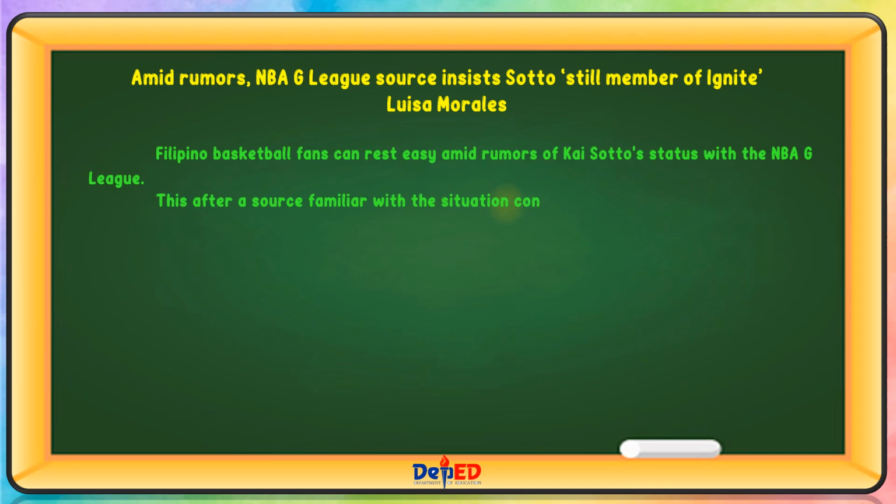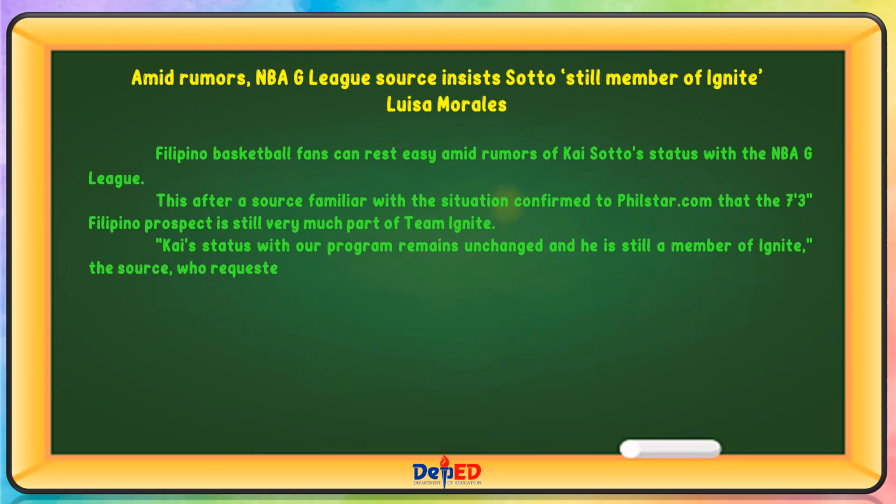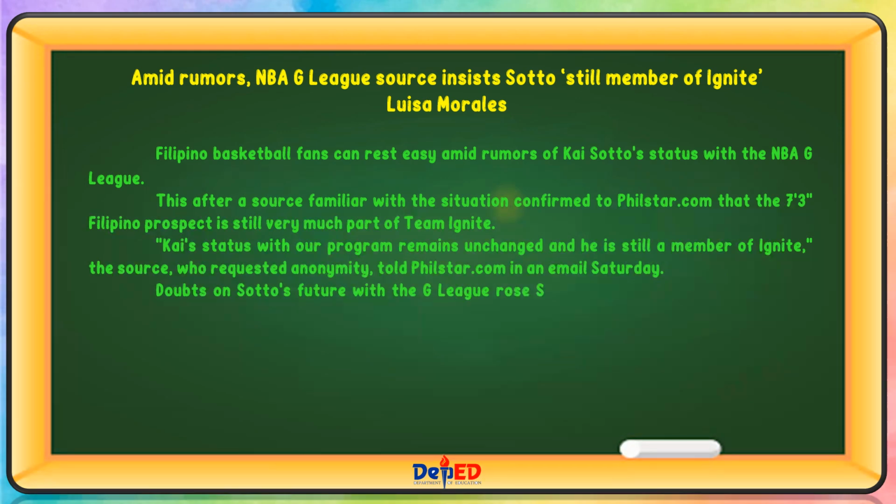This after a source familiar with the situation confirmed to Philstar.com that the 7 feet 3 inches Filipino prospect is still very much part of Team Ignite. "Kai's status with our program remains unchanged, and he is still a member of Ignite," the source, who requested anonymity, told Philstar.com in an email Saturday.